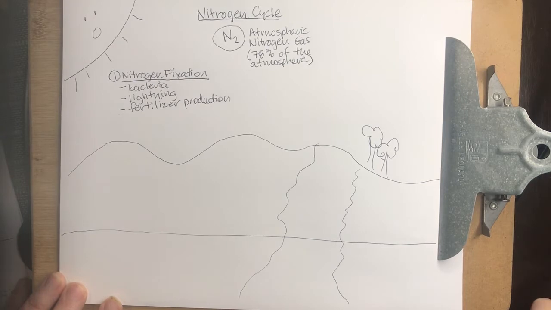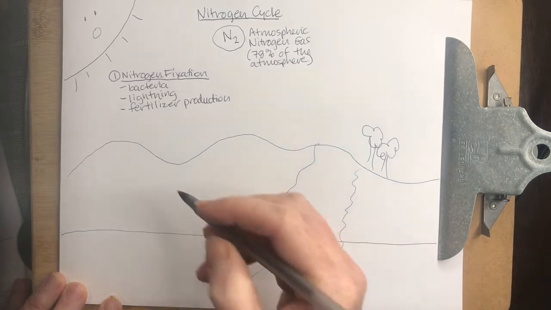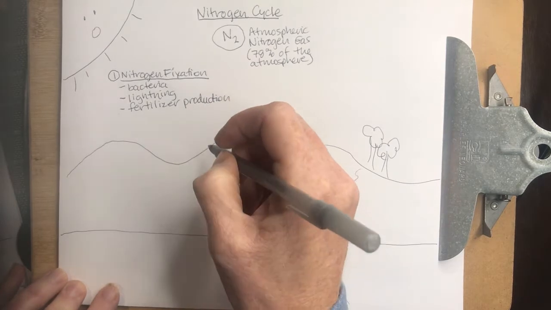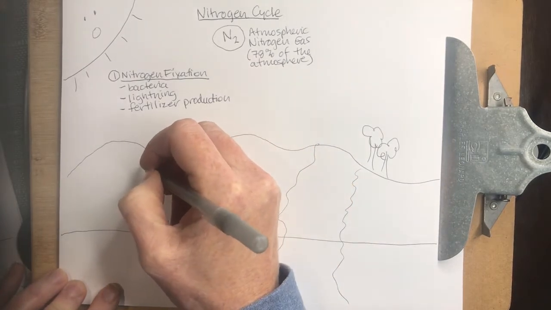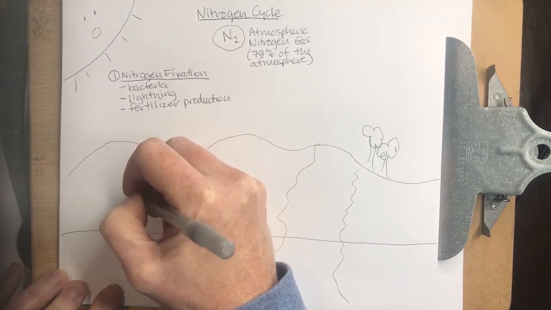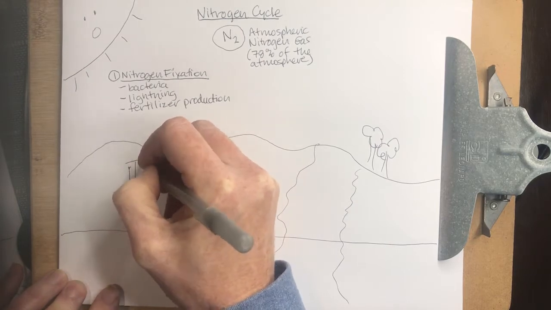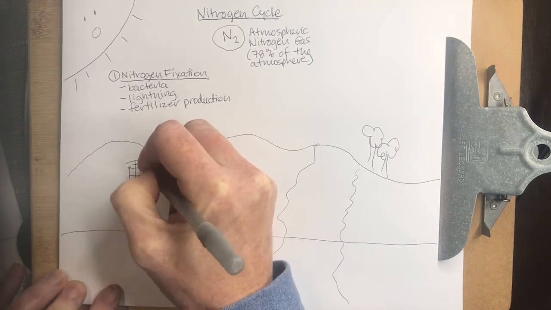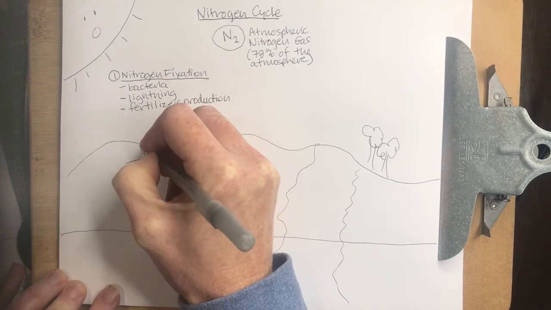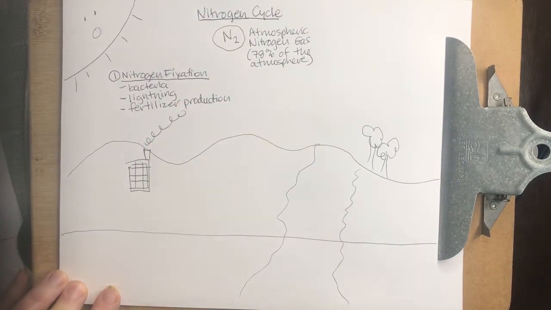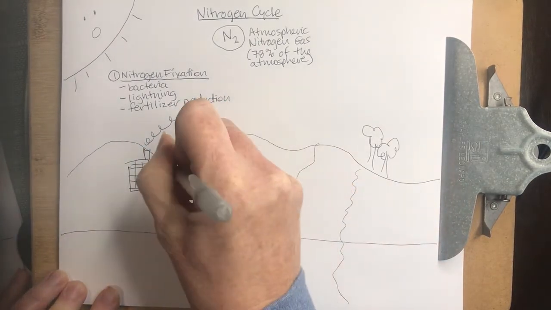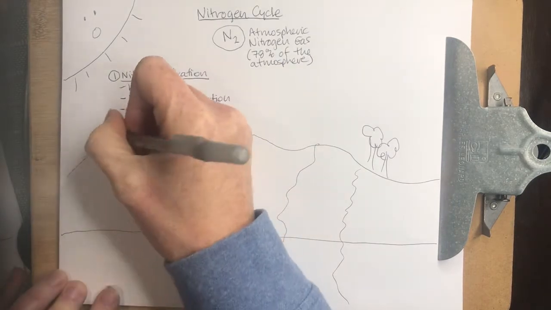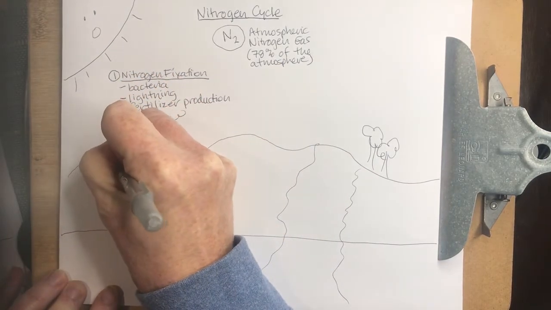So there's our little hillside, peaceful place, and then over here we have a factory producing fertilizer. So this is going to be labeled fertilizer plant.